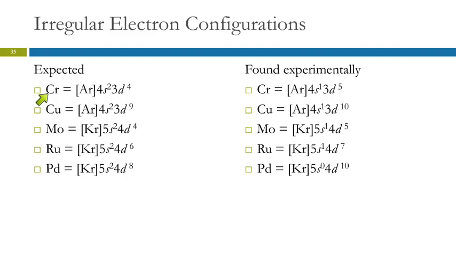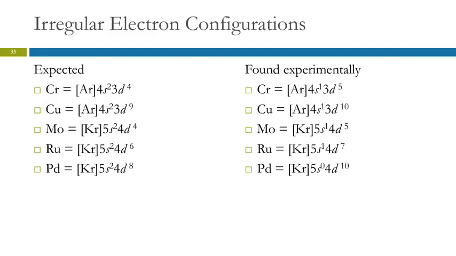So for chromium, if we look at the periodic table, we would expect its electron configuration to be argon 4s2, 3d4. But actually what we find is that it's 4s1, 3d5. You're like, why? What the heck?